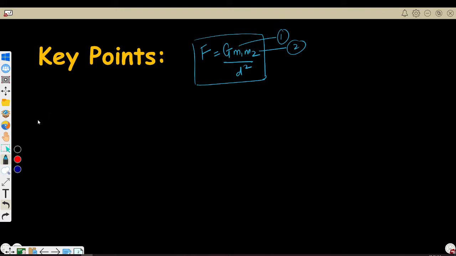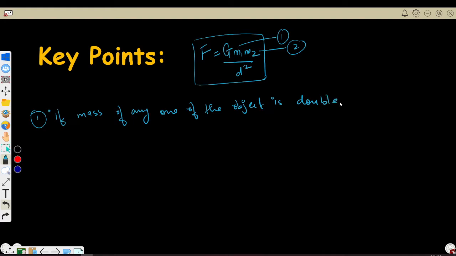Now in key points, the first point says if the mass of any one of the objects is doubled. So this is the case that is given to you. Suppose we have two objects.